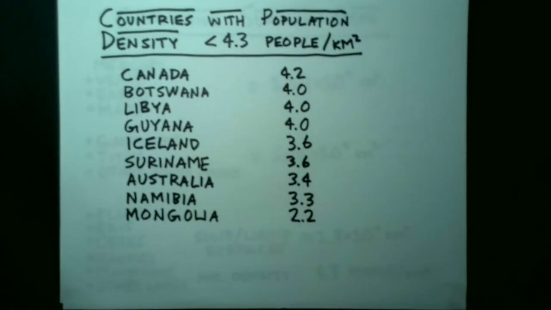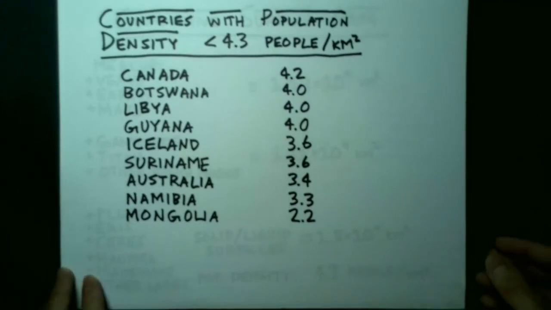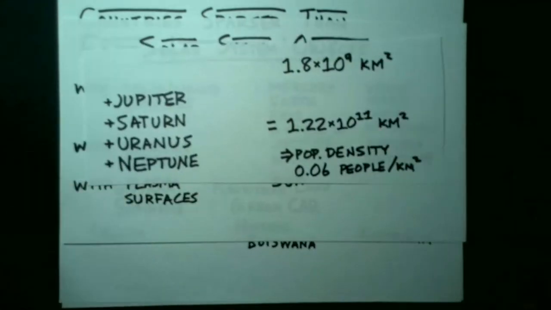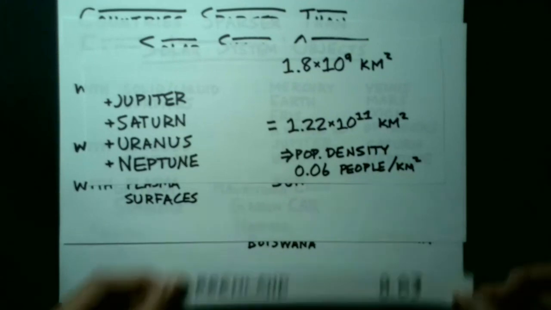Now, Greenland, not a sovereign country but a territory, has a much smaller population density than even Mongolia, which leads us to ask, what if we even included the gaseous and plasma surfaces of the solar system? Adding in Jupiter, Saturn, Uranus, and Neptune to our surface area total, we get 122 billion square kilometers, for a population density of 0.06 people per square kilometer.